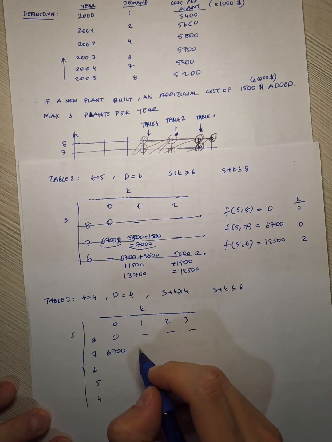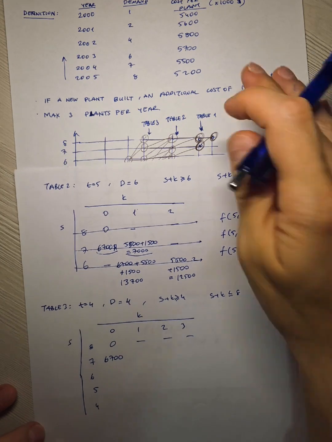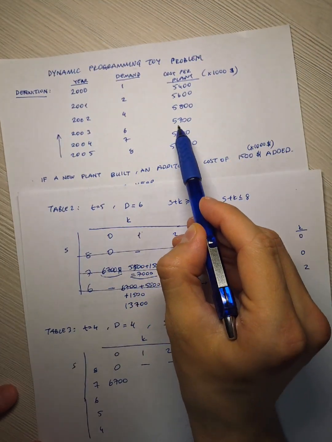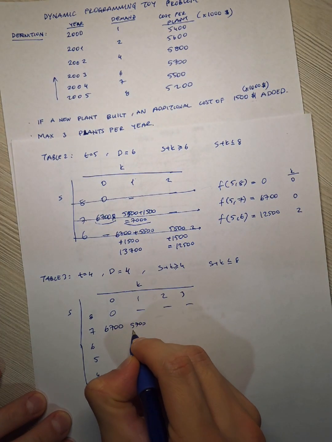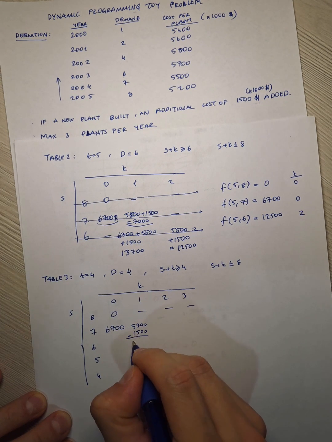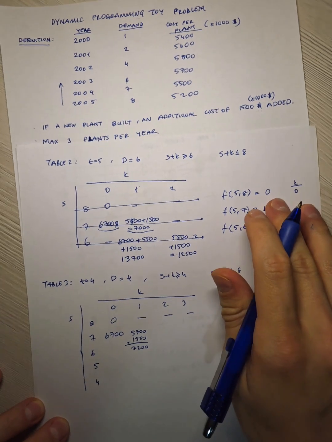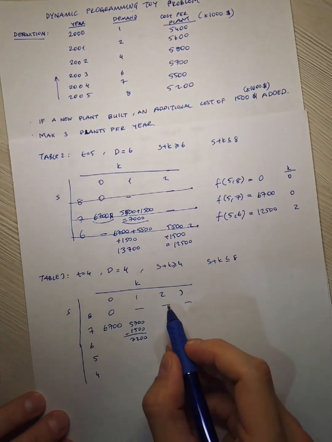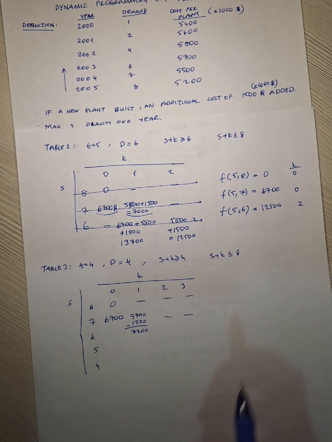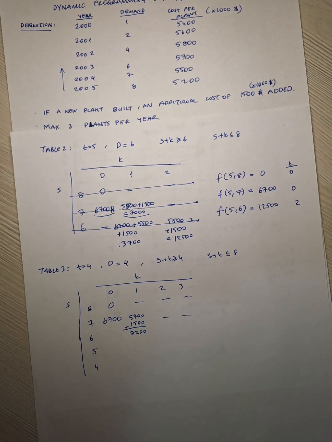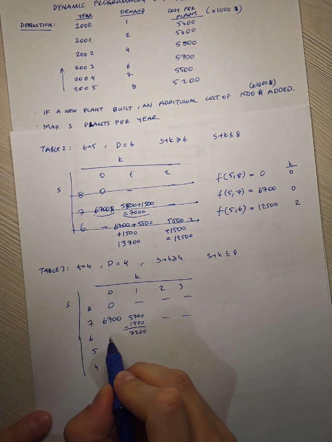If you build one, what is the cost at this time step? It is 5,700. So 5,700 plus one-time fee, 7,200. And if you put new 2 plants, then it will exceed this number 8. So we don't do that.